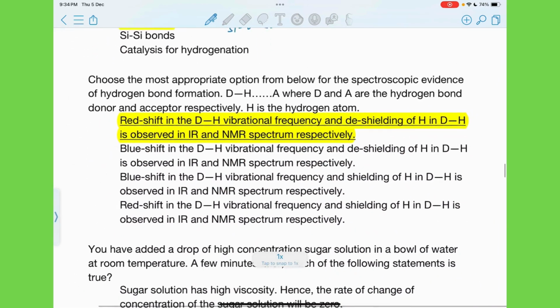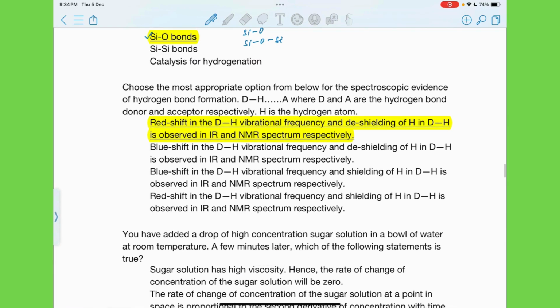Next question says, choose the appropriate option from below for spectroscopic evidence of hydrogen bonding formation D-H...A, where D and A are the hydrogen bonding donor and acceptor respectively. H is the hydrogen atom.